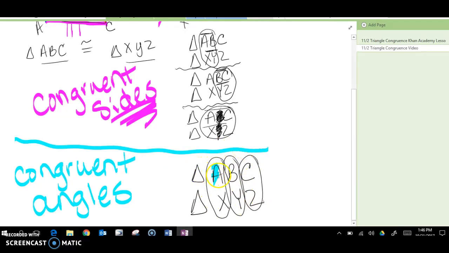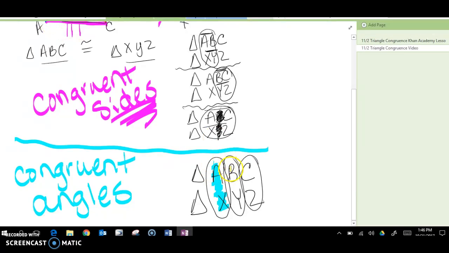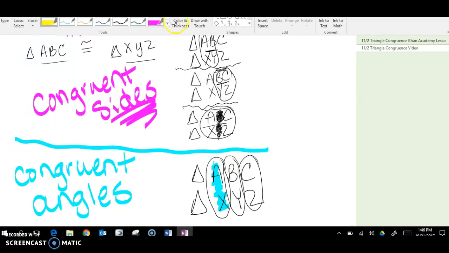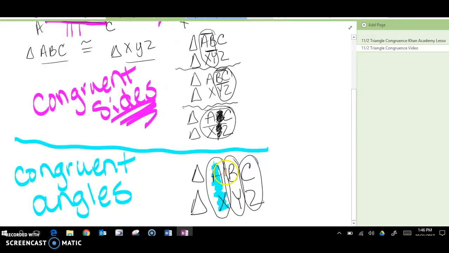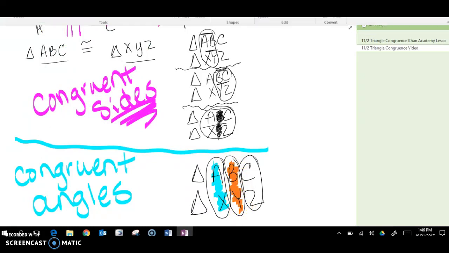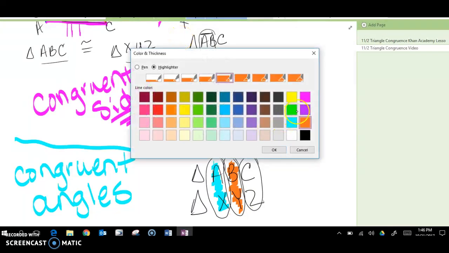You've got angle A and X. And let's use some different colors that we haven't used before. Orange. Sounds good. B and Y, but another color. Let's use pink.